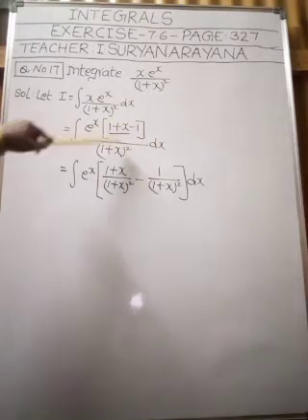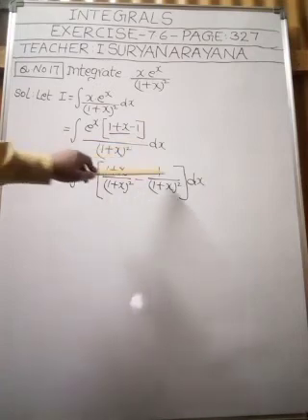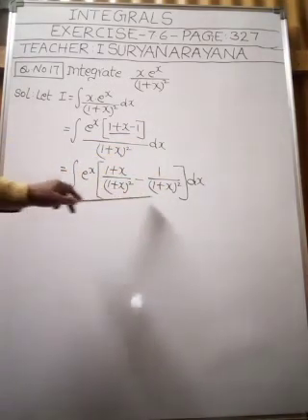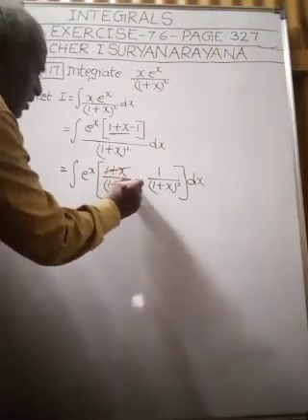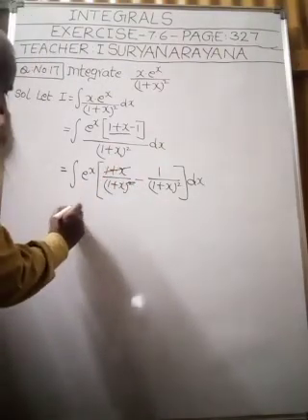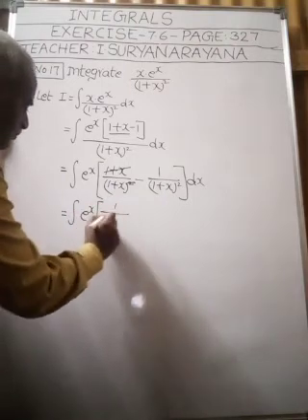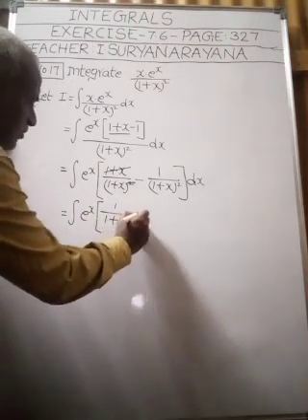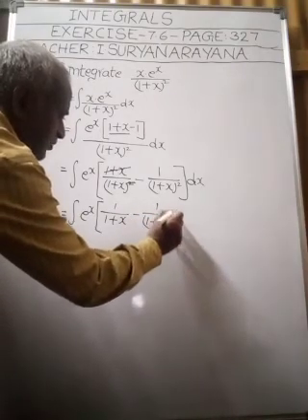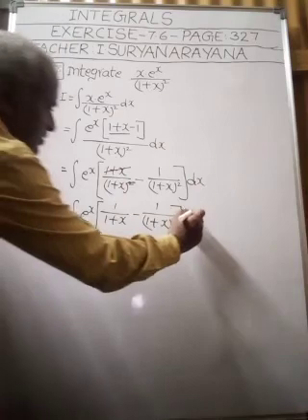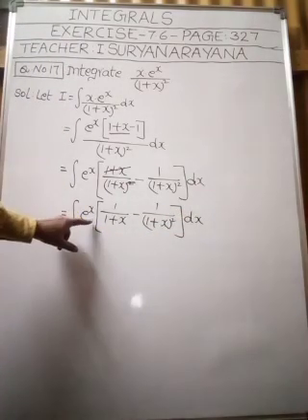Okay, my children, understood this step? Right. Here 1 plus x gets cancelled. That is equal to integral e power x into [1 by (1 plus x) minus 1 by (1 plus x) whole square] dx. Okay, my children, understood this step?